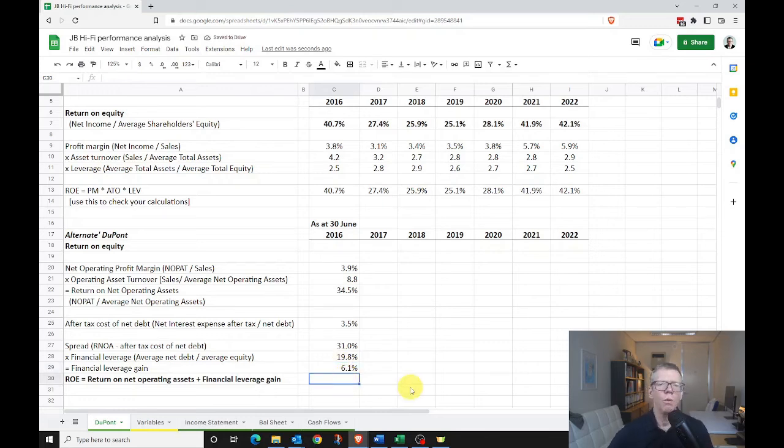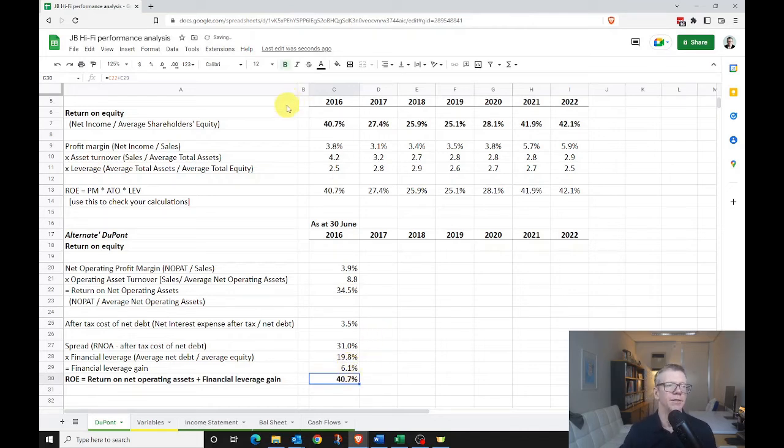So what we now get is that we've got the profitability of the operating assets, the RNOA, and we've got the extent to which borrowing is working in our favour. That is, the operating asset profitability is higher than the cost of net debt. So we add those two together. So the RNOA plus financial leverage gain gives us our 40.7%.